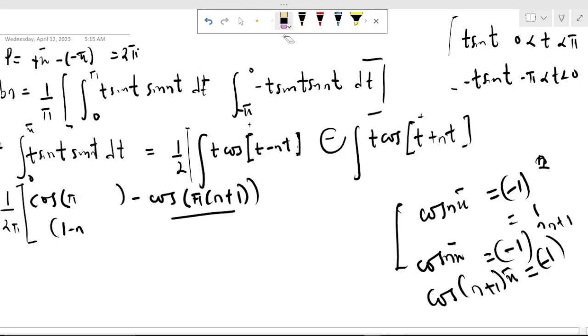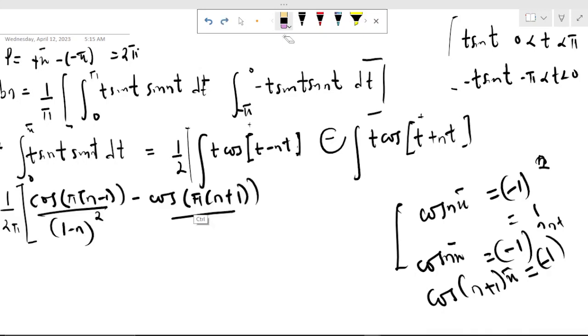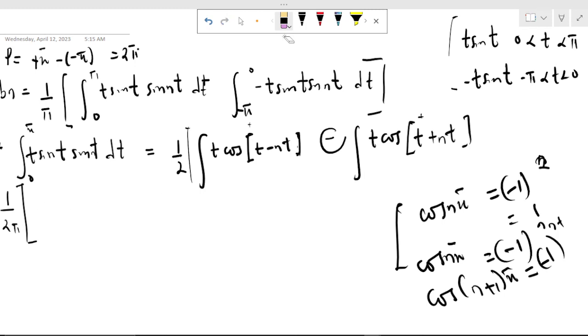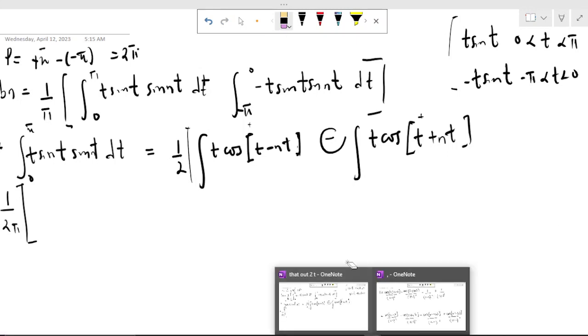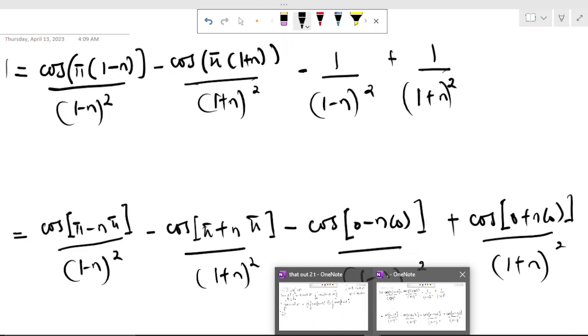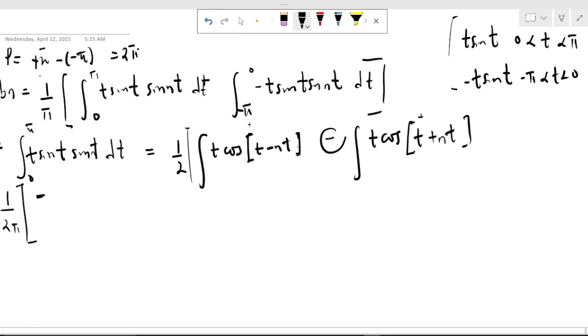So I'm going to replace all this. Our cos pi times 1 minus n over 1 minus n squared becomes minus 1 raised to the power 1 minus n over 1 minus n squared.